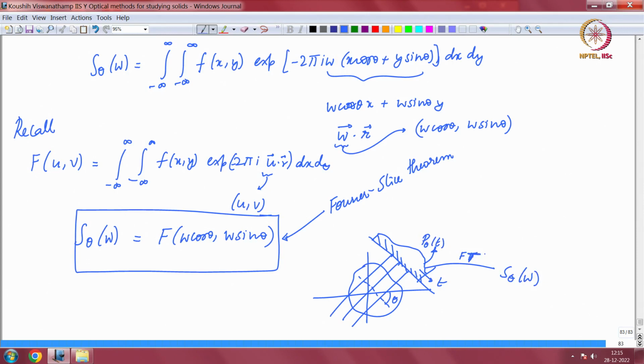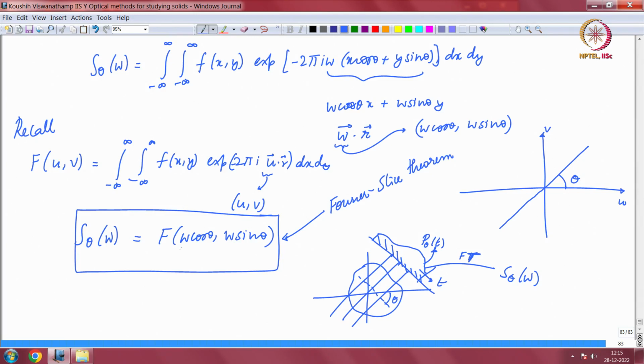And the Fourier slice theorem basically tells you that if you go back to the frequency domain of u v, it gives you the value of the 2D Fourier transform along a ray, not along any ray, but along a ray at an angle theta.